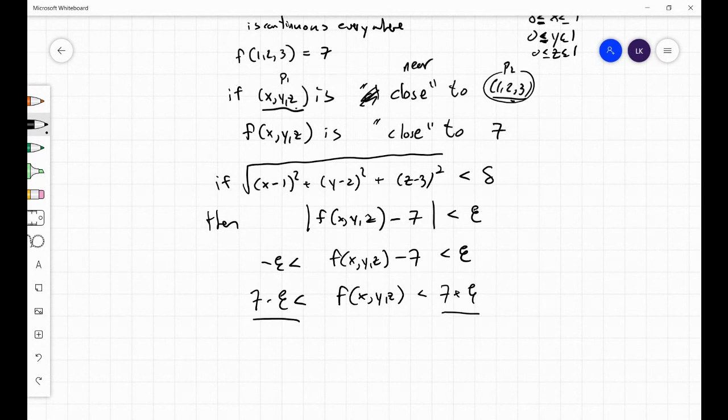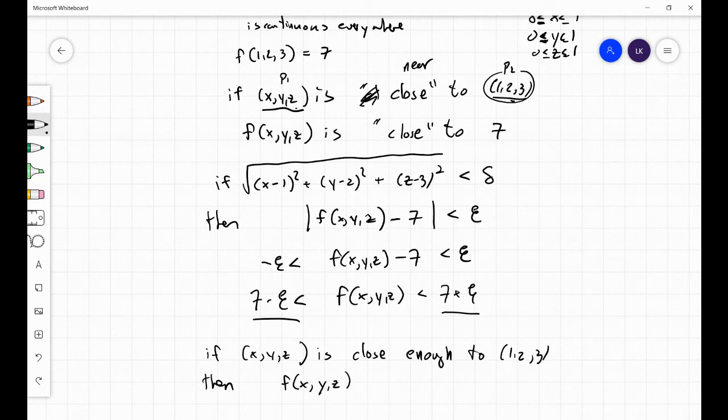Is it true that if x, y, z is close enough to (1, 2, 3), I can guarantee the value of the function is less than 7.1?